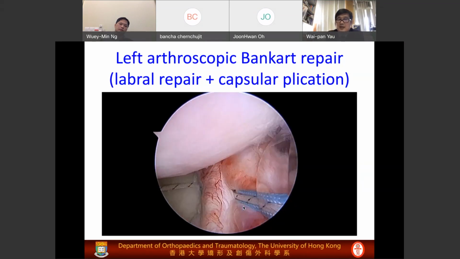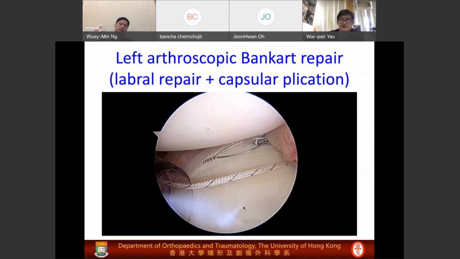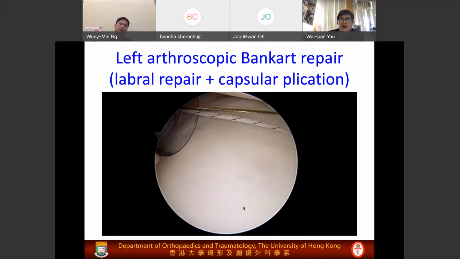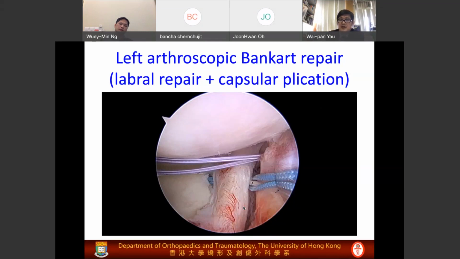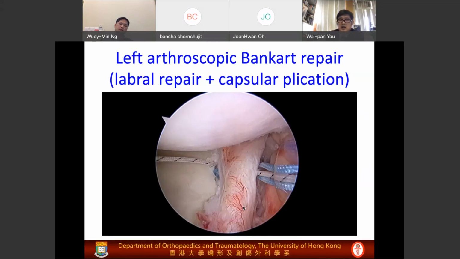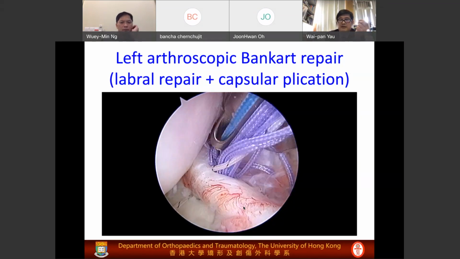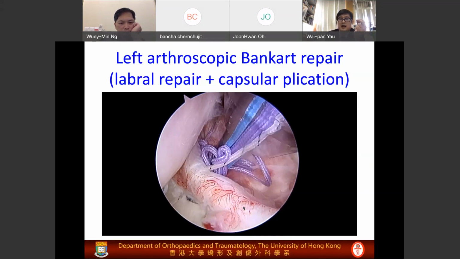Then I will put a tension suture on the capsule, usually a number 2 high-strength suture. And then I will take both limbs of the tension suture to the anterior portal, as you can see here. Using the 2 limbs of the suture anchor with a modified SMC lock, I will do a capsulorrhaphy.